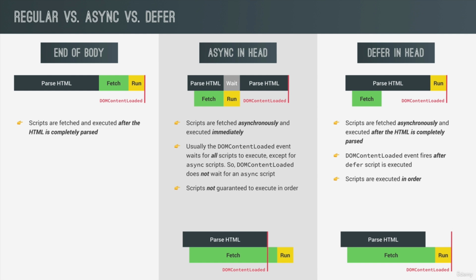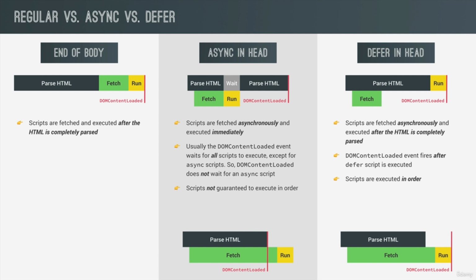So the script that arrives first gets executed first. On the other hand, by using defer, that is not the case. So using the defer attribute guarantees that the scripts are actually executed in the order that they are declared or written in the code. And that is usually what we want to happen.